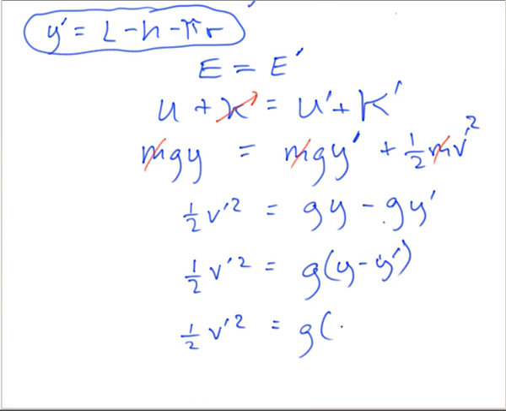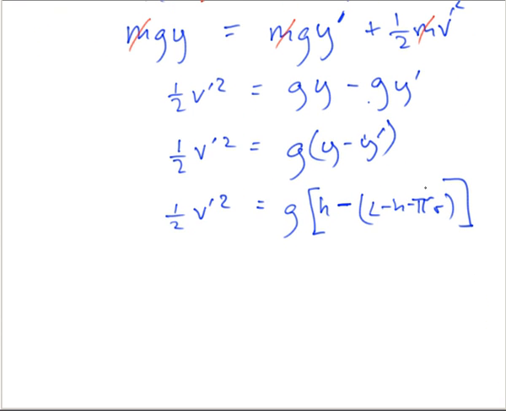So h, and then minus, I think I'll turn this into a square bracket so I can use some parentheses inside. Okay, minus y prime, which is L minus h minus pi r. Got that right here. Simplify it a little bit more.